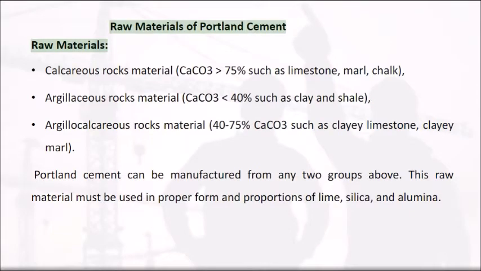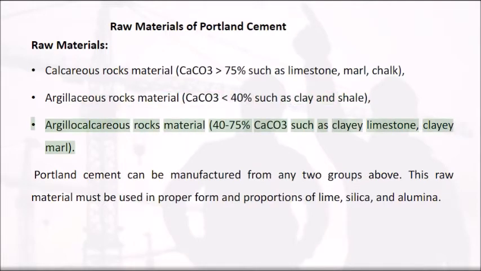Raw materials of Portland cement. Calcareous rocks material, CaCO3 above 75%, such as limestone, marl, chalk. Argillaceous rocks material, CaCO3 below 40%.